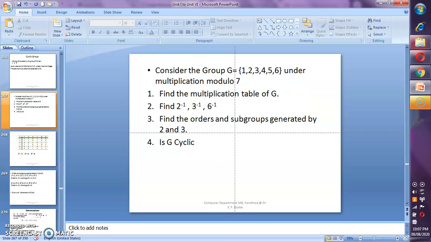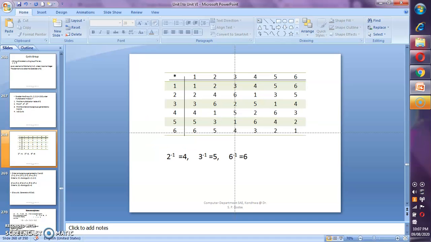Now the set is given, elements 1, 2, 3, 4, 5, 6. So we will first create a multiplication matrix under modulus 7. So 1, 2, 3, 4, 5, 6 along the row and 1, 2, 3, 4, 5, 6 along the column, multiplication of these and modulus 7 is applied.